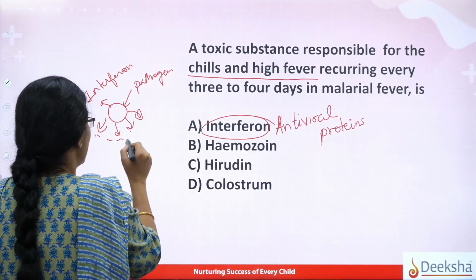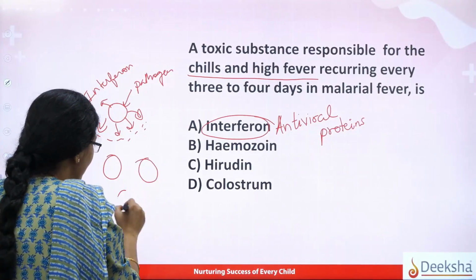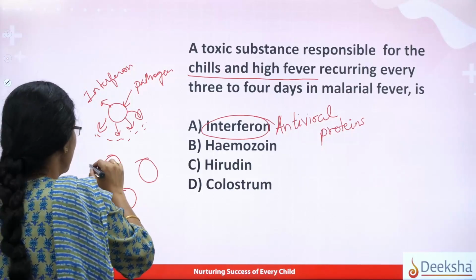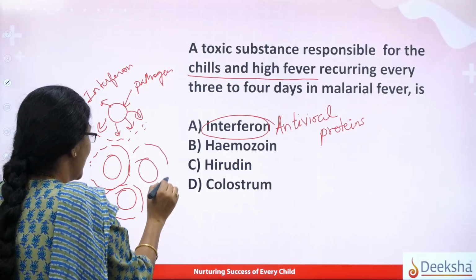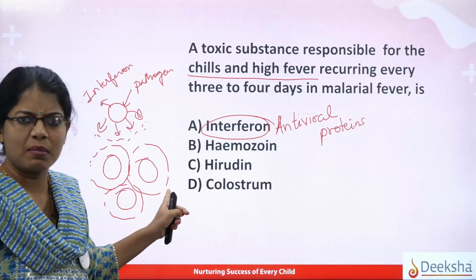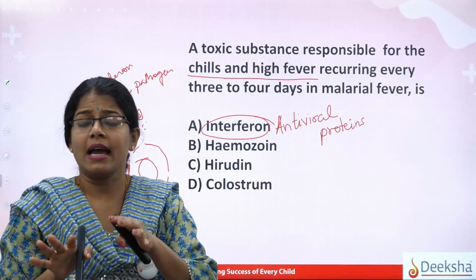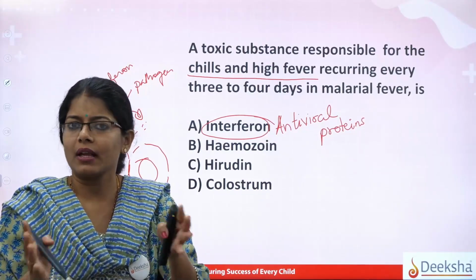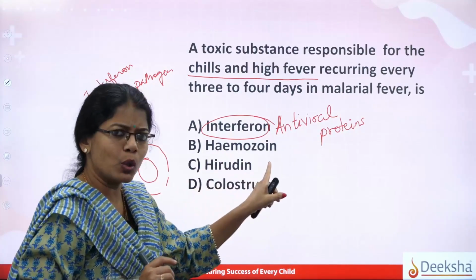This interferon will go and protect the neighboring healthy cells, so the virus will not come and attack the neighboring cells. That's why it's called an antiviral protein, which acts as a defense mechanism. Let us go to the next point, hemozoin.